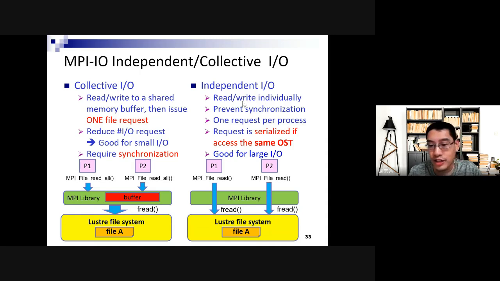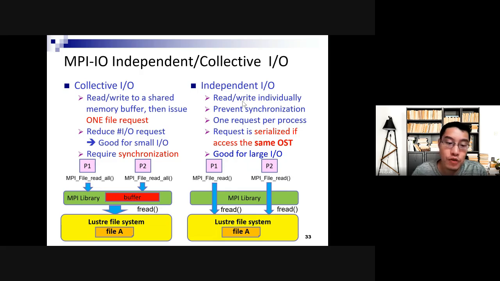Those management commands are by default collective as well, meaning that all the processes need to participate in the call at the same time. Collective read and collective write mean that you have a buffer managed by the MPI library to coordinate the read and write operations from all the MPI tasks.